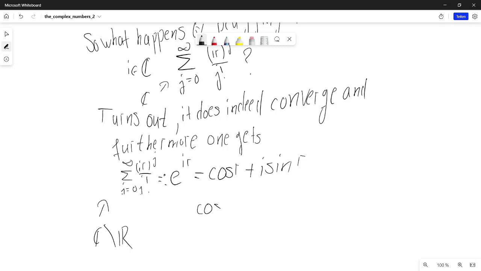recall cosine. Cosine zeroth derivative, right? This is not to the power, this is derivative. Let's denote it like that.